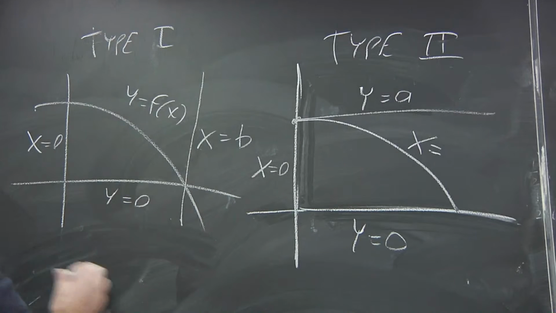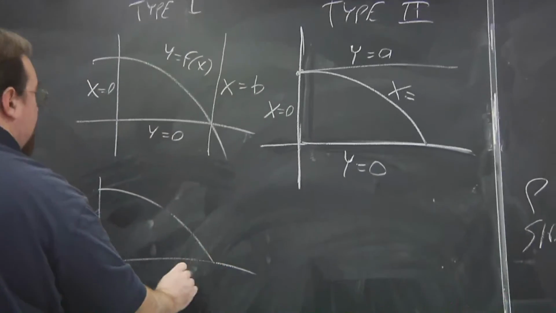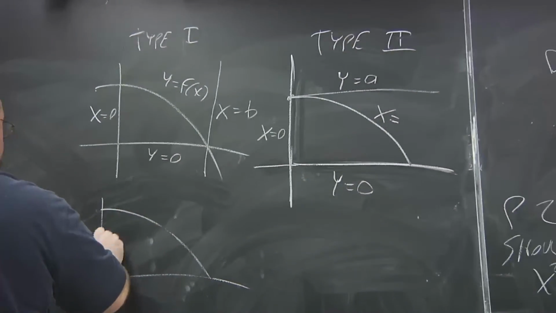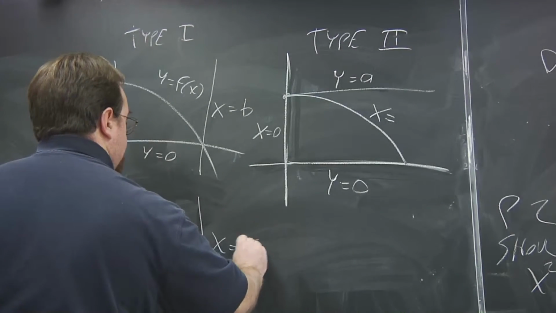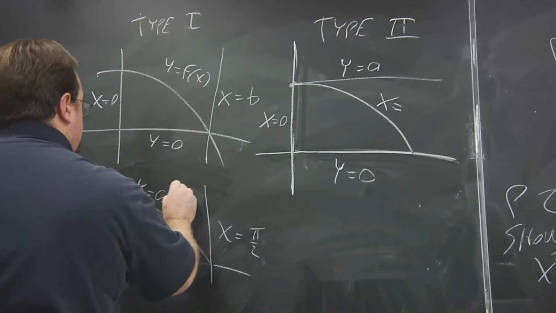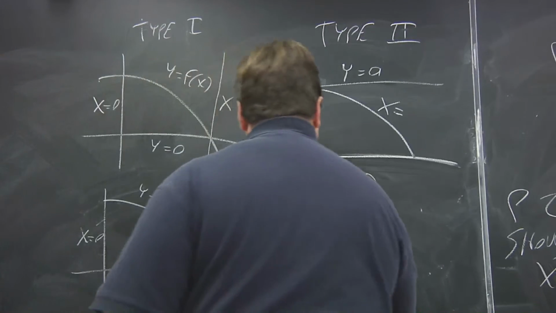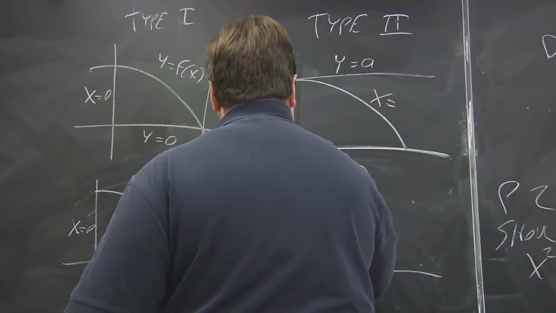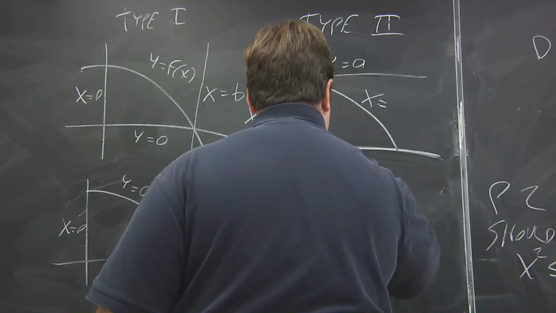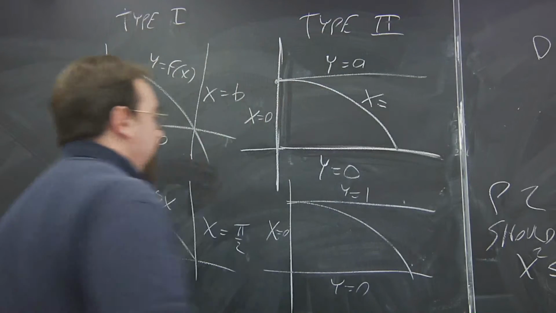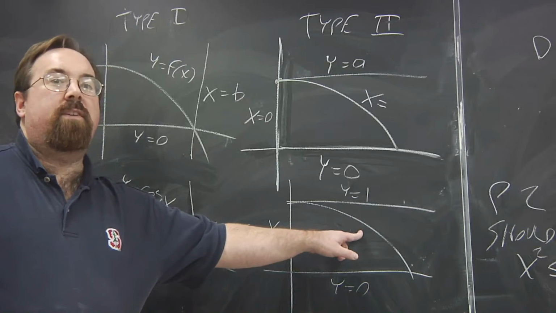Let me be more concrete. An example of such a region that actually looks kind of like this would be x equals 0, y equals 0, x equals pi over 2, y is cosine of x. So alternatively, you get x equals 0, something here, y equals 0, up to y equals 1. So how are we going to describe this?